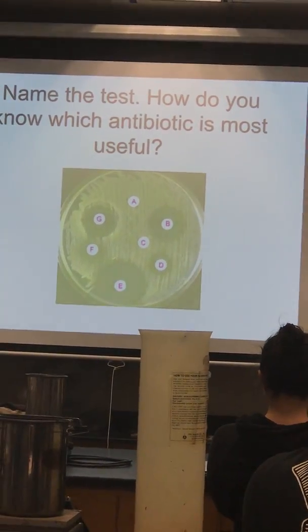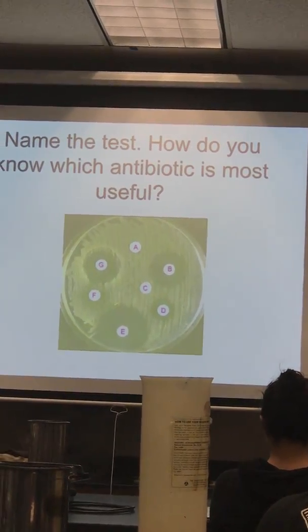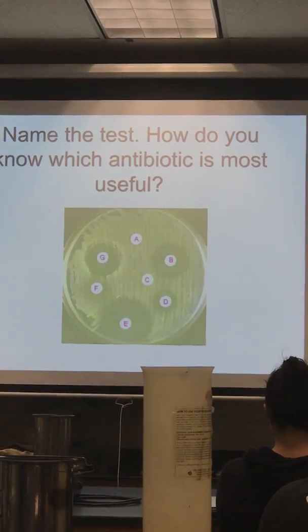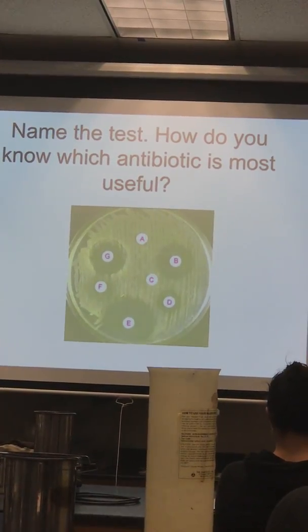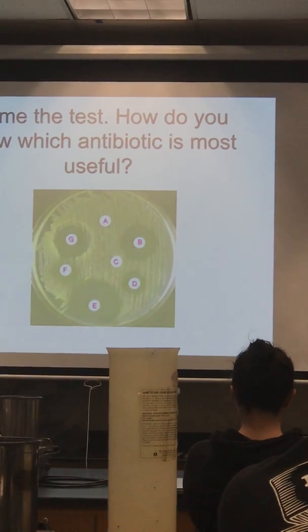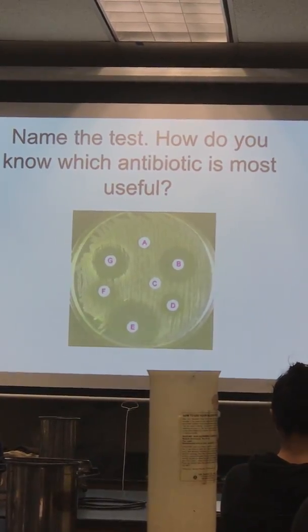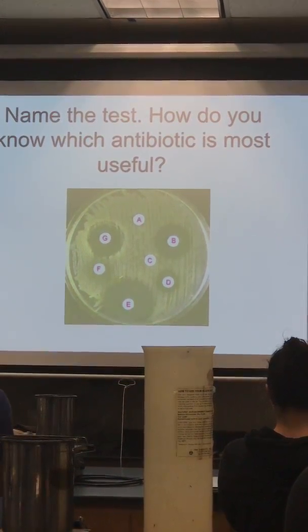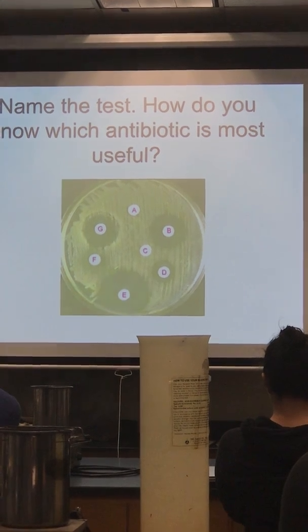Okay, what's this test? Kirby Bauer. How do you know which antibiotic is most useful? What about the zone of inhibition? Will B and G, which have pretty much the same zone size, be equally as useful?